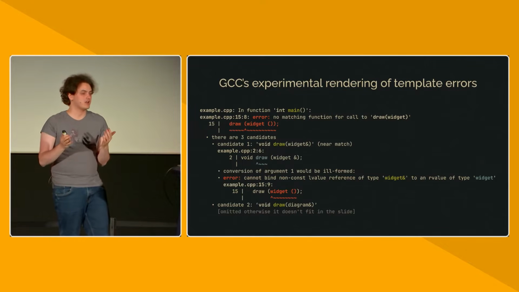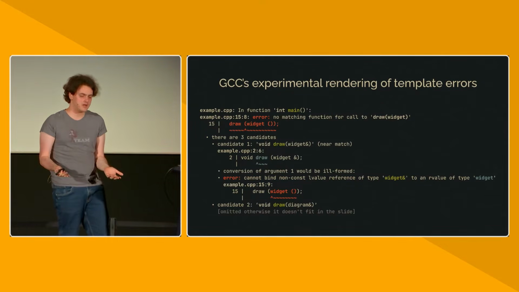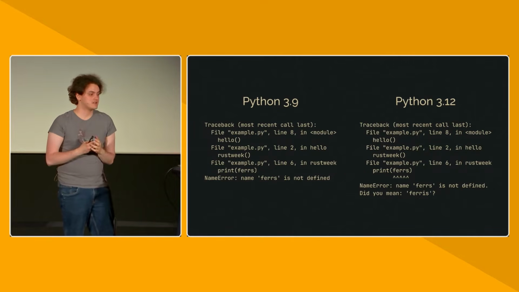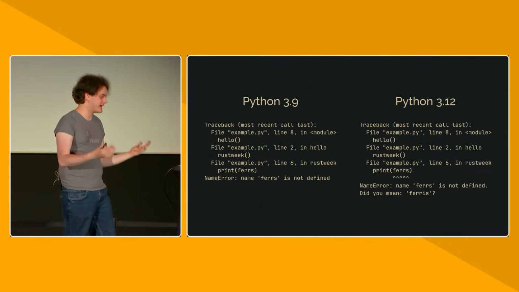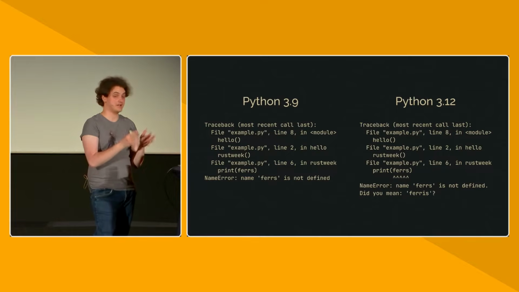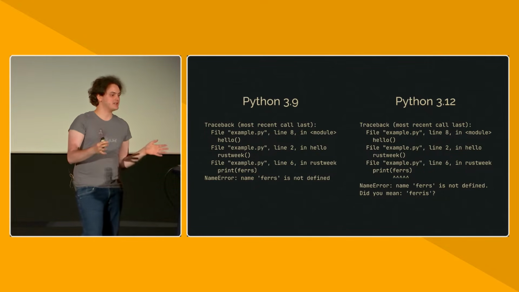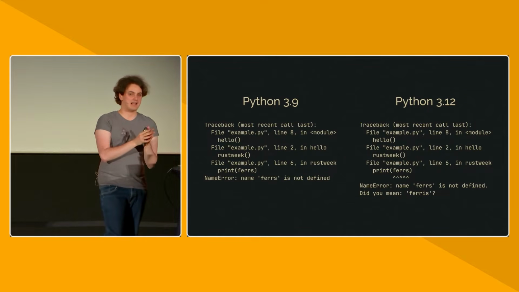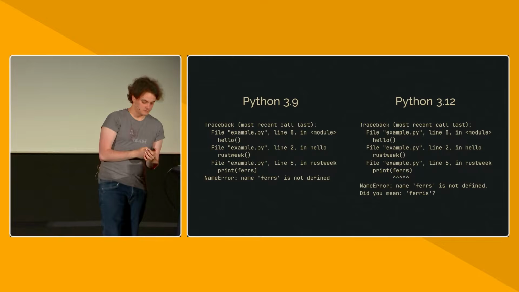GCC is not alone. Before working on Rust, Python was my main programming language. And there, in the last few years, there have been improvements. It, again, might need some help. I would love some colors to just point out where things are. But in the last few releases, we now have Python that tells what part of the line caused the error, that gives you a suggestion if maybe you just misspelled a variable name.